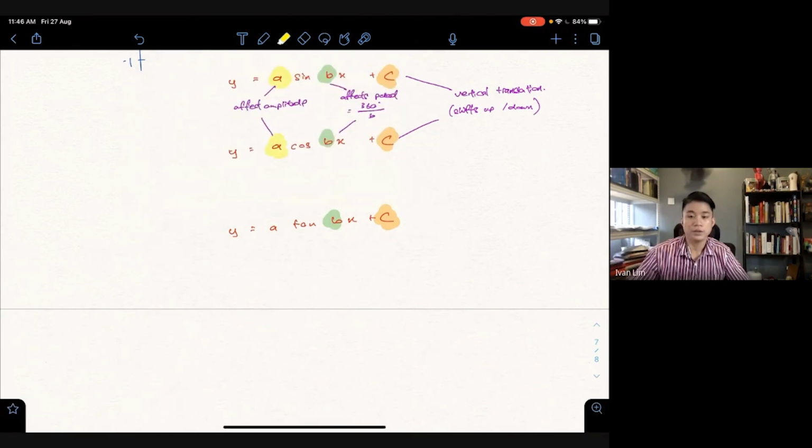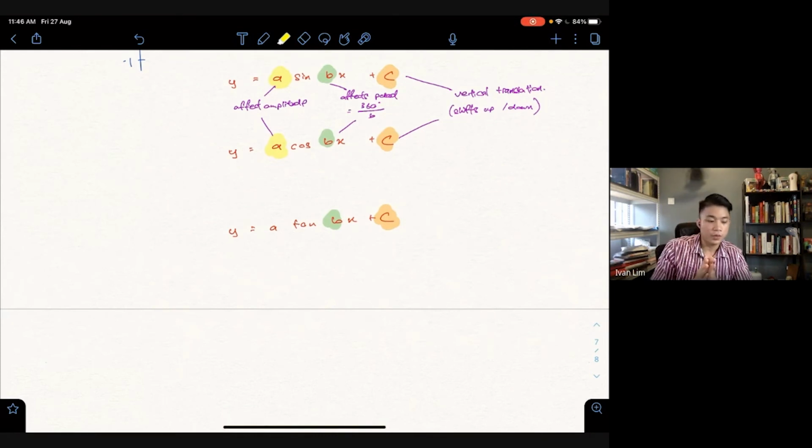So a will only be significant for sine and cos graph. B, your period. So how you calculate one period right now is 360 degrees divided by b. C, it shifts your whole graph up or down. Okay, shift your whole graph up or down. Okay?